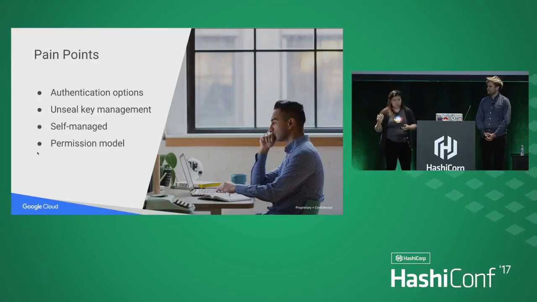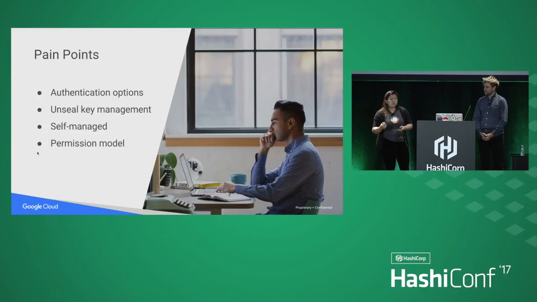There are a couple of pain points that we've run into. The first one being authentication options. Users end up having to create new identities, like we mentioned with username and password, for their GCP entities within Vault. So we got a lot of questions like, can we just use our GCP credentials to authenticate to Vault?